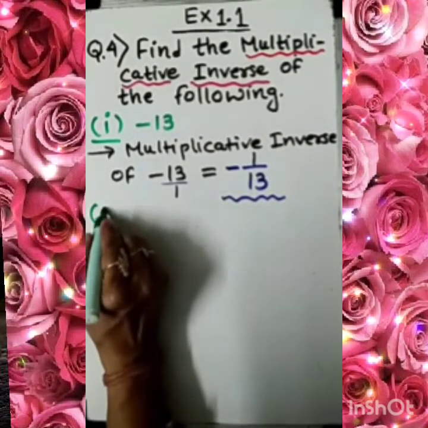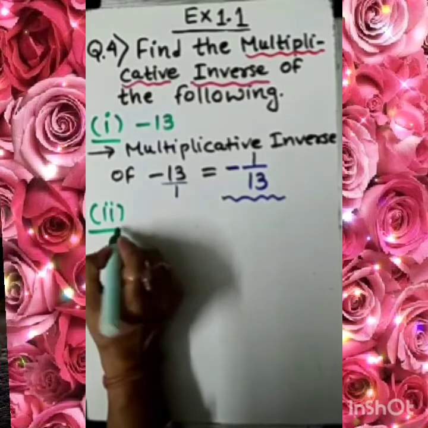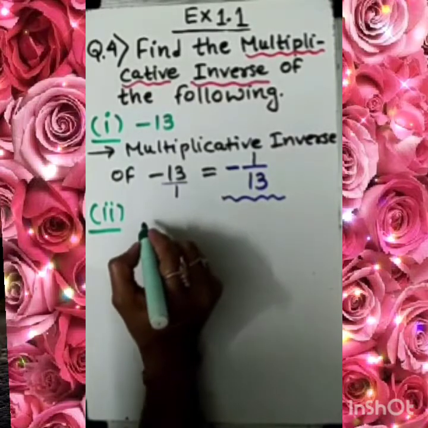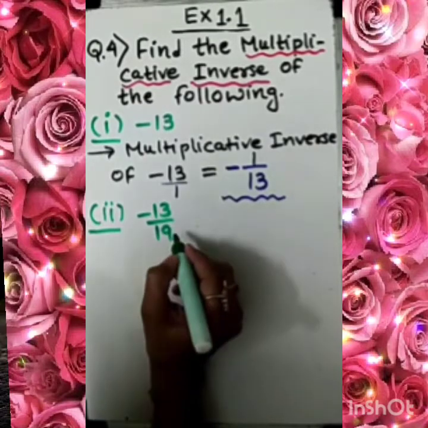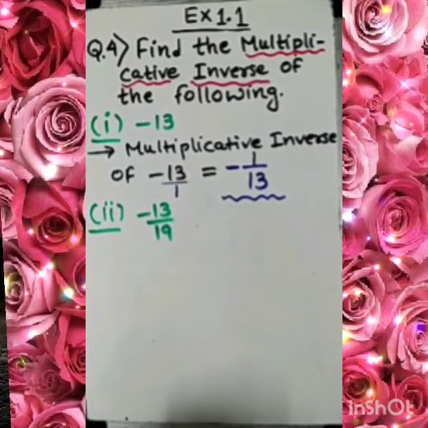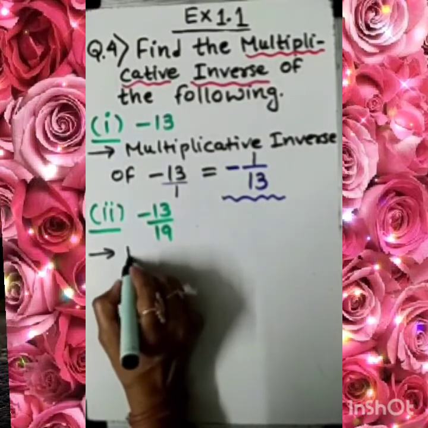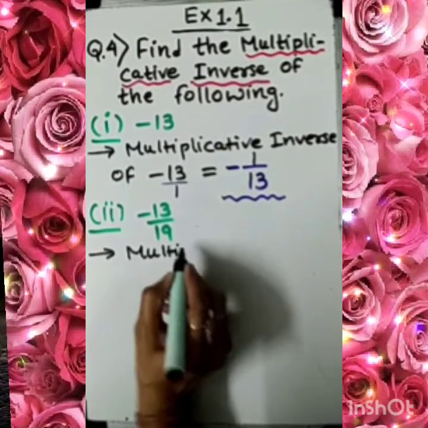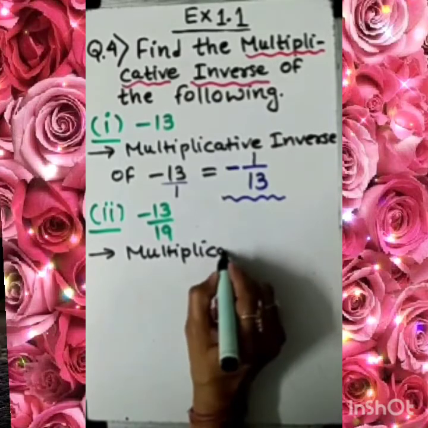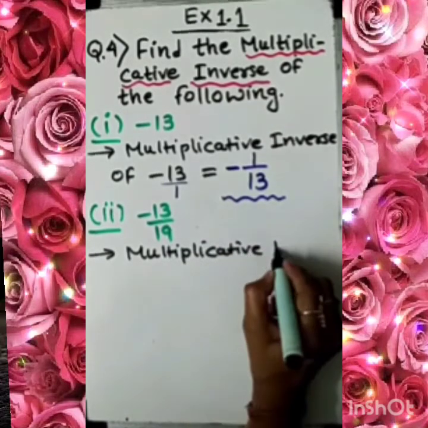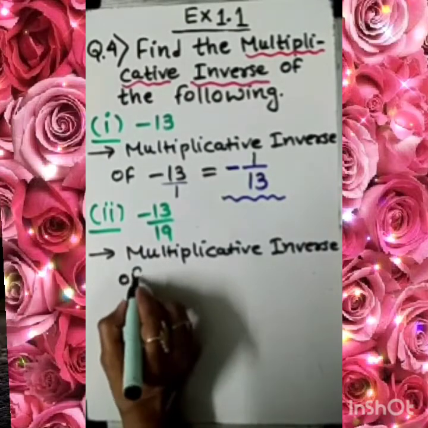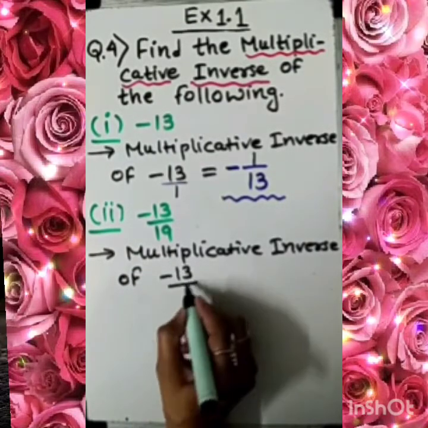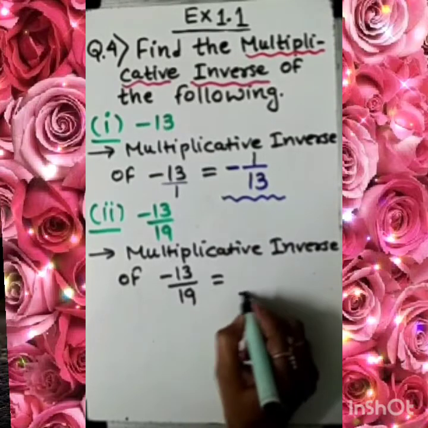Let's apply the same thing to the second. What are we given in the second? We are given minus 13 upon 19. This is the question. So we need to write multiplicative inverse of minus 13 upon 19 equal to.